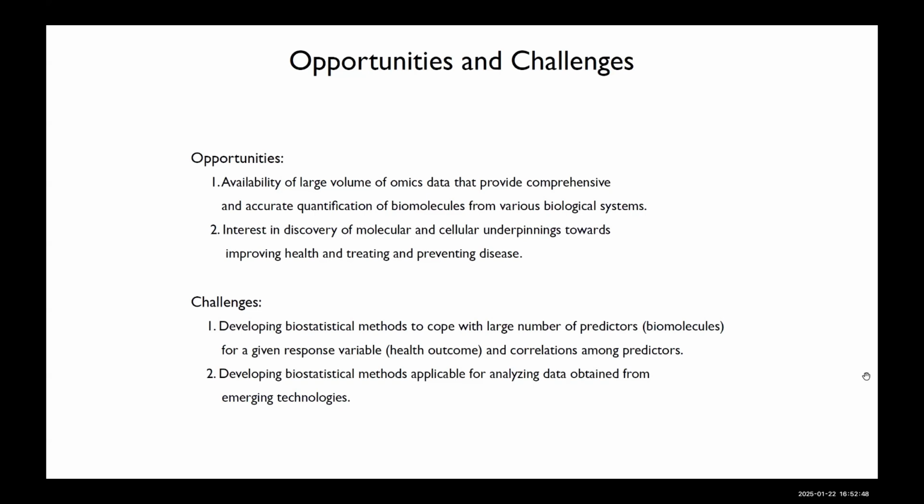Anytime new technology or new science comes out, new data comes out, and people don't know exactly how to incorporate this expanding data with existing data. So there's always a need for developing new methods, mathematical, computational, statistical, and that's also challenging.